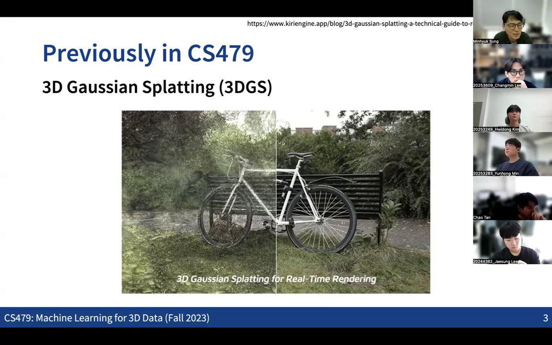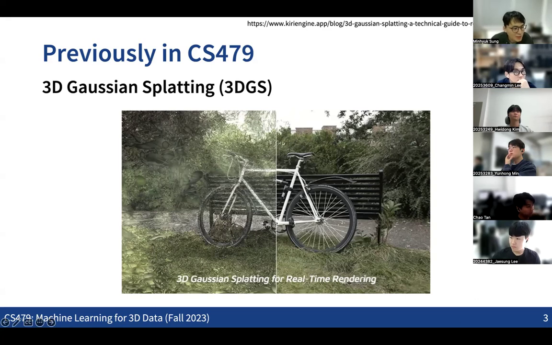How we can do this kind of reconstruction for very large scale scenes, and also for dynamic scenes as well, and how we can also use feed-forward networks for those kinds of reconstruction. Those are ideas which have been introduced very recently in research papers. And these are interesting topics that we could see in the 3D data structures.